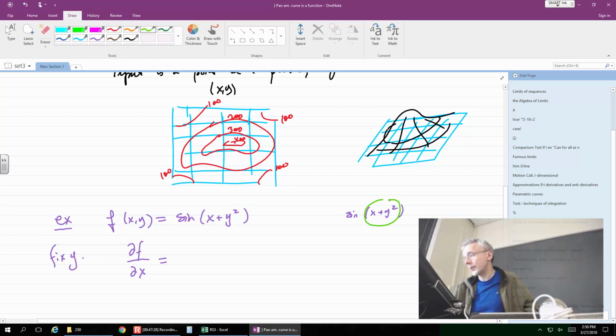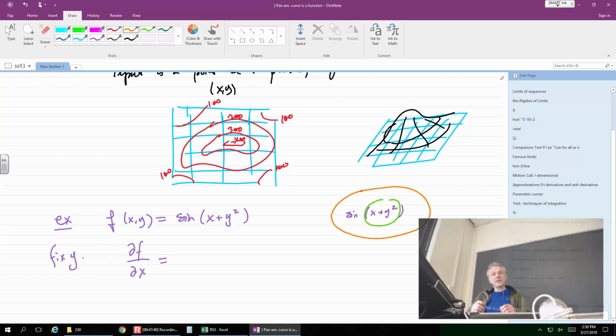So first you compute x plus y squared, and then you apply sine. It's a combination of two functions, and then the derivative can be found in terms of the derivatives of the two functions. So, what's the answer? Nobody remembers the chain rule? Okay, we'll finish this next time then.